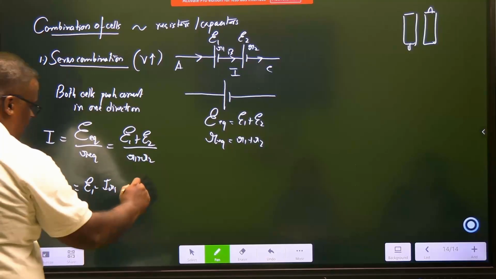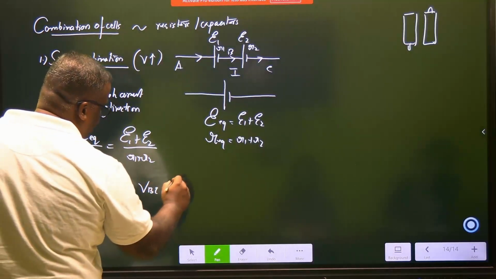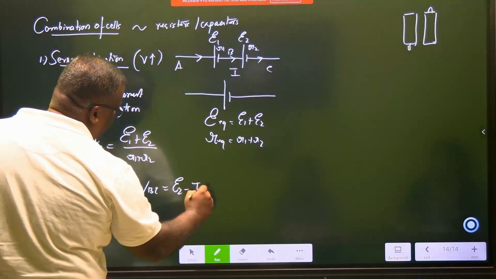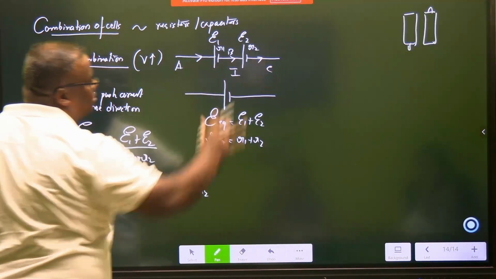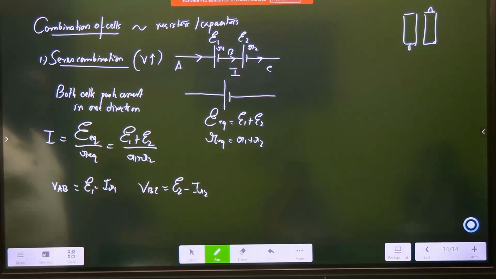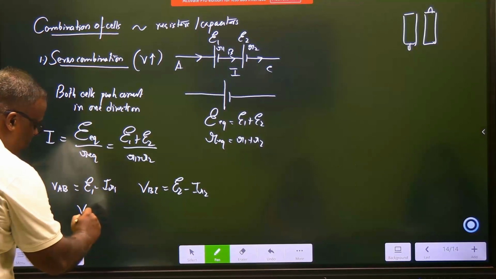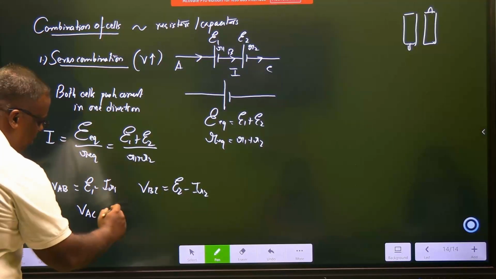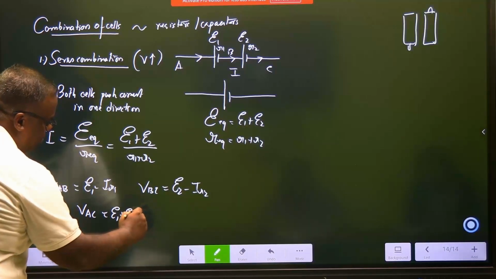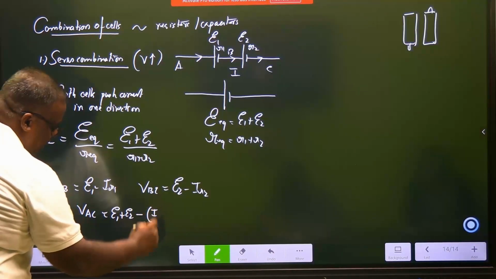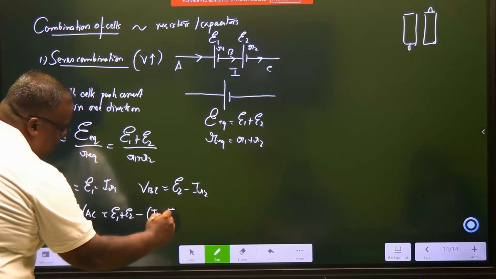If you see VBC, it should be E2 minus I R2. Now if you want to see what is the voltage from A to C, we will add them. So it becomes E1 plus E2, then minus of I R1 plus I R2.